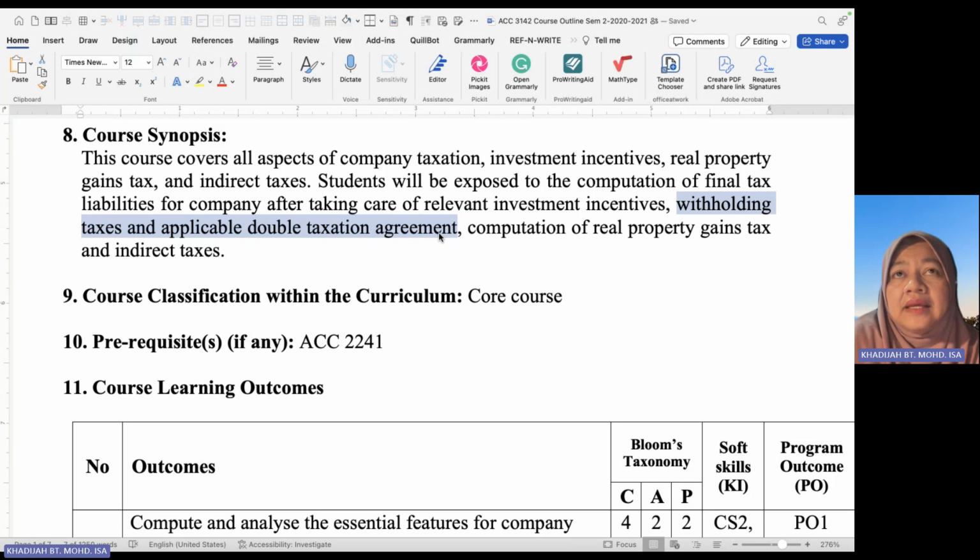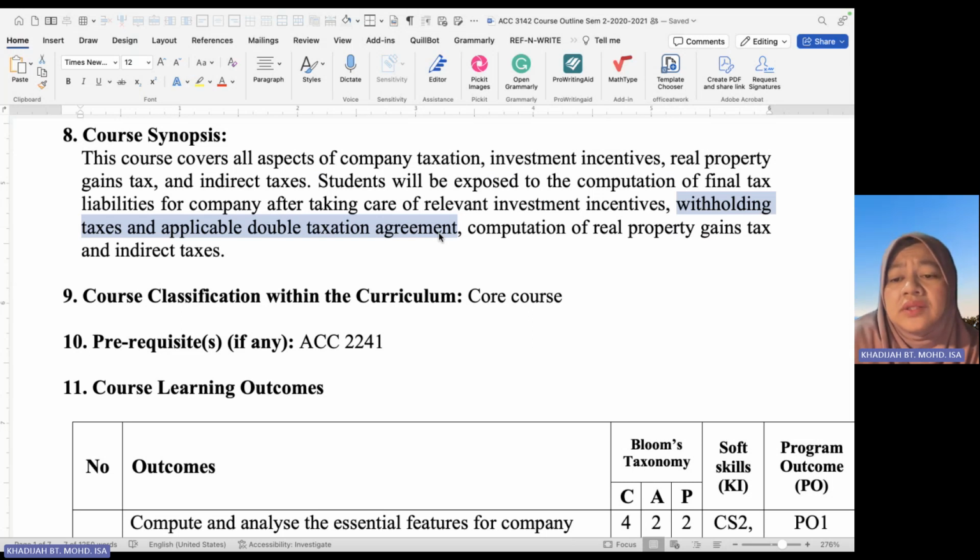Similarly, if you're looking at foreign investment, we're talking about non-Malaysians having a business in Malaysia. How are we going to tax them? And how are we looking at the agreement between Malaysia and the other country with regard to the taxation on the same income?